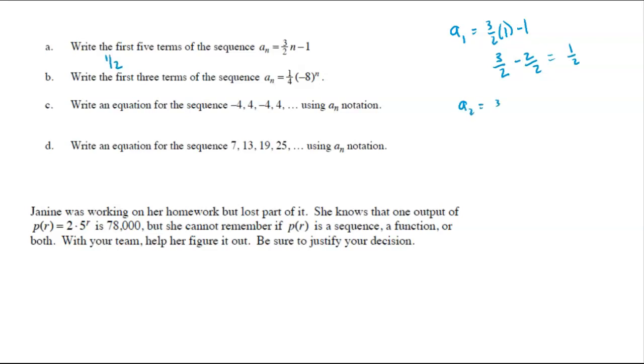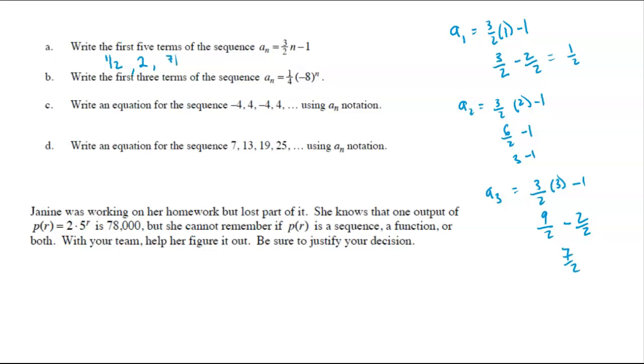A of 2 would be 3/2 times 2 minus 1. So this is really 6 over 2 minus 1, which is 3 minus 1, so that gives us 2. A of 3 is 3/2 times 3 minus 1. So 9/2, that won't simplify, so I'll put 2 over 2. 9 minus 2 is 7/2.